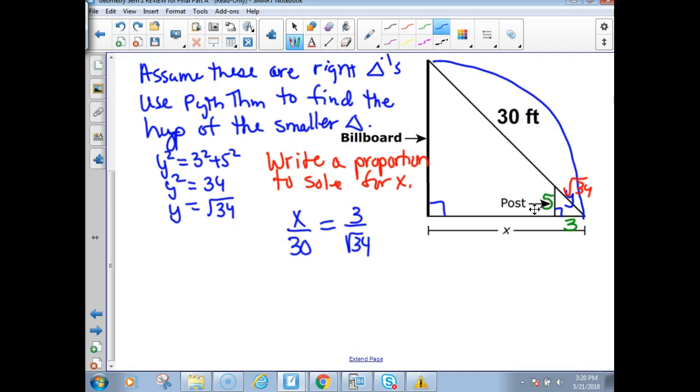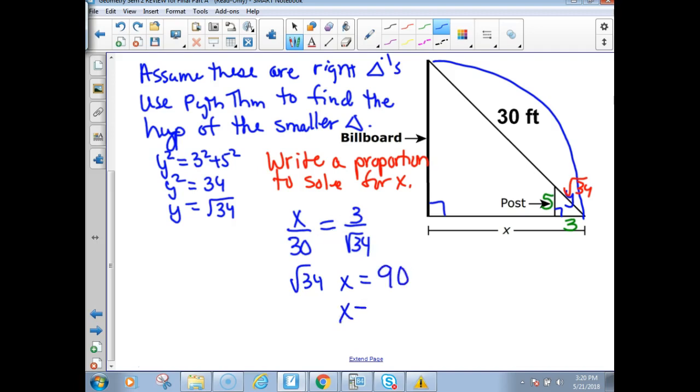Okay. Did we really need the post being 5 feet tall? We did so we could find the hypotenuse. That's really the only reason. And then we could have found the height of the billboard too, but they didn't ask us for that. All right, so here's what we got to calculate. Square root of 34 times x equals 30 times 3, which would be 90.